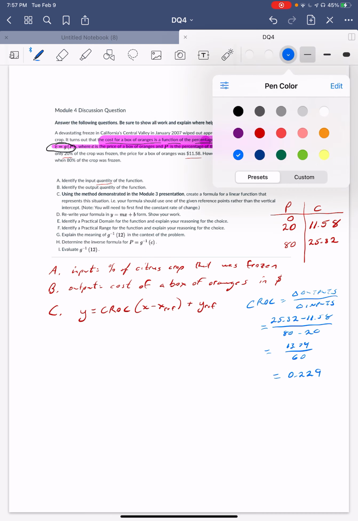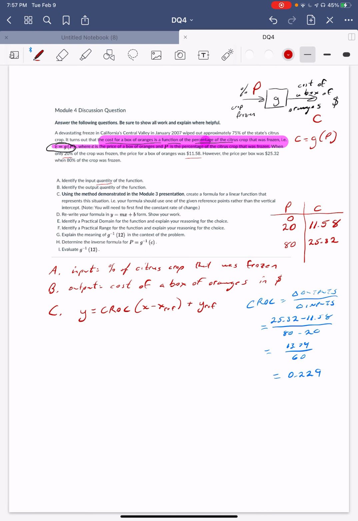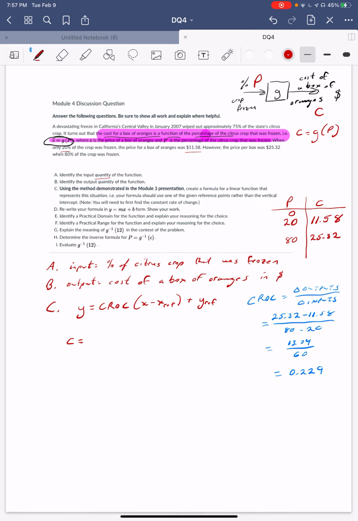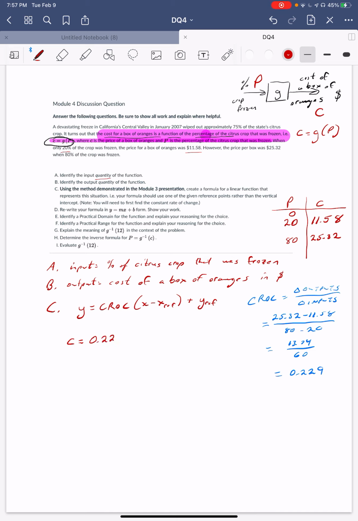So let me come back over here, and in this case, I'm going to use the proper variables for the situation. So I will say cost is equal to 0.229 times, not x, sorry about that. I don't have x defined here.